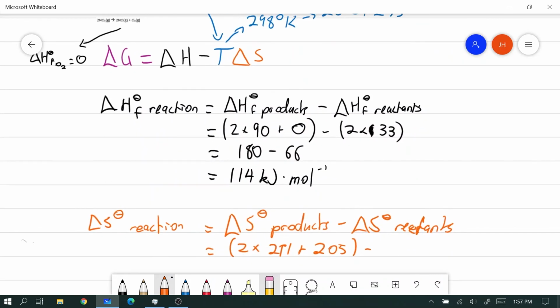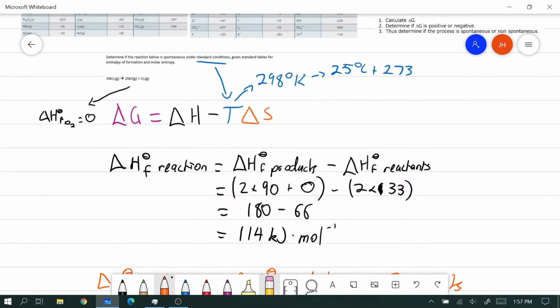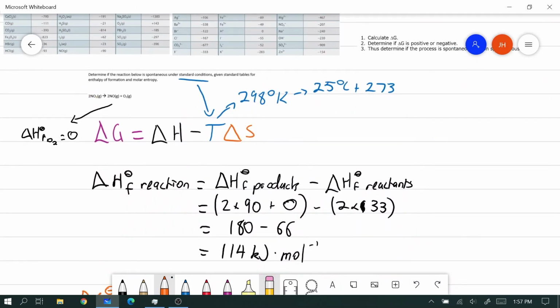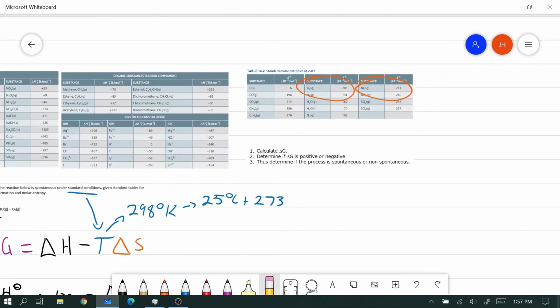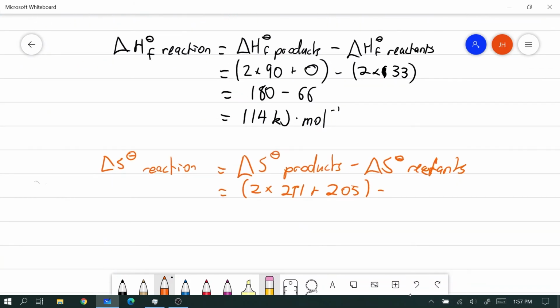And then we're going to take away the molar entropy of the reactant, that's just for our NO2. We've got 2 moles of that. Having a look over here, our NO2 is 240, so 2 lots of 240.